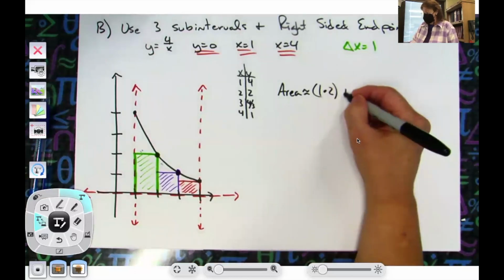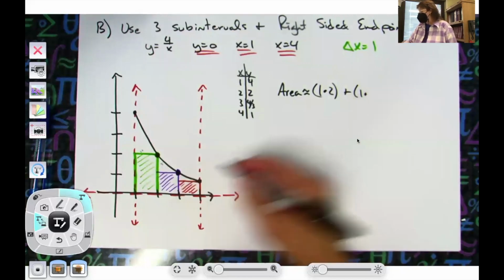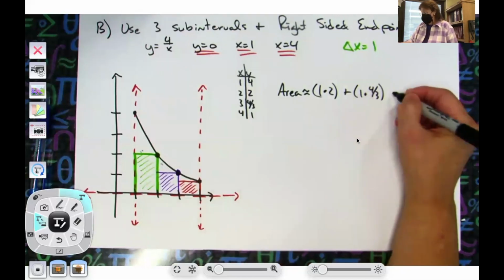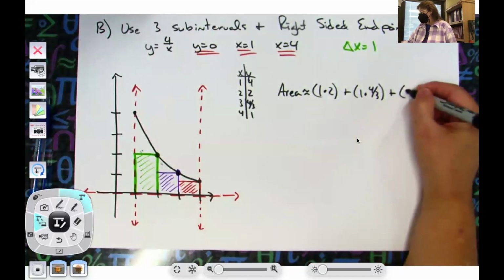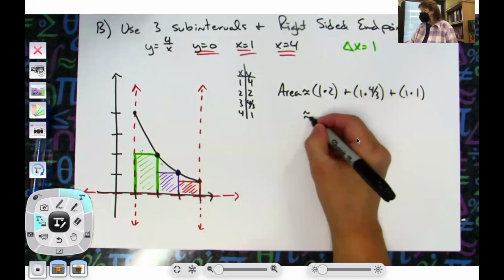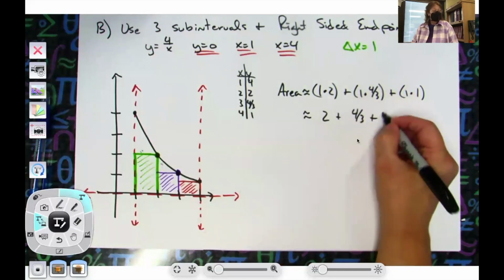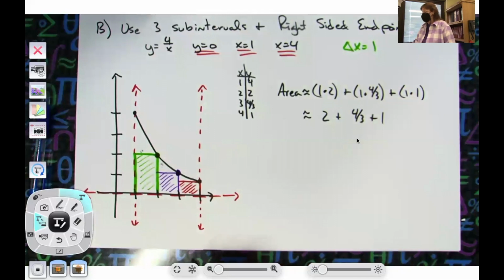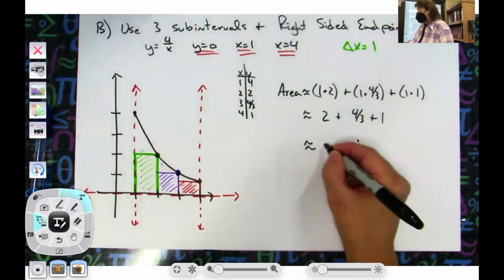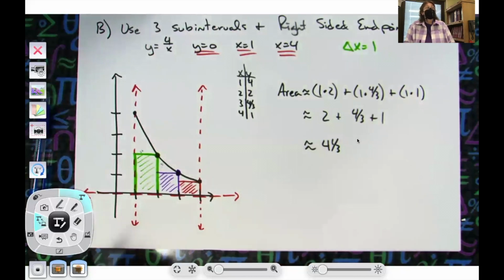The next one has a width of 1 and a height of 4/3. And the last one has a width of 1 and a height of 1. So this estimate is 2 plus 4/3 plus 1. So what, 4 1/3? Okay, so a rough estimate of 4 1/3.